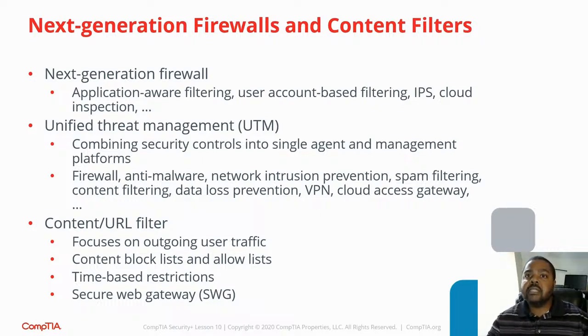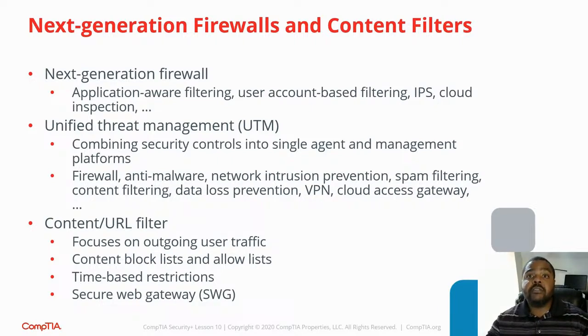So we can have these URL filters, or a content filter or web filter appliance, on our network to watch the traffic and block any traffic that we don't want. What I mean by that is blocking any type of website that we don't want our users to go to or even stumble upon, right? A lot of times we could be on a legitimate site that has a bad link on it, and that redirects traffic out to a bad site.